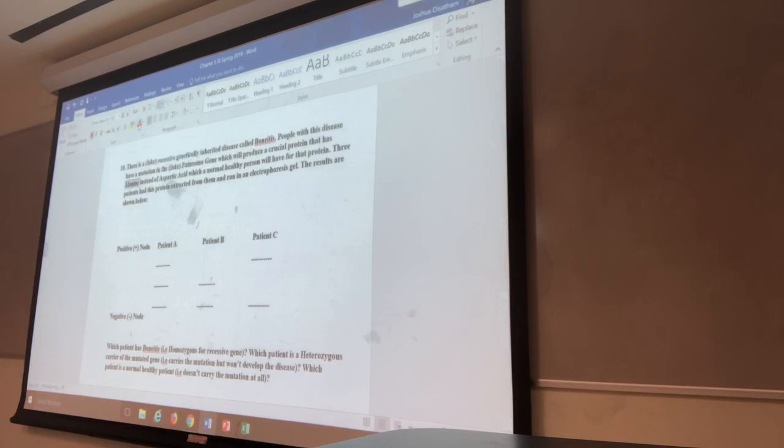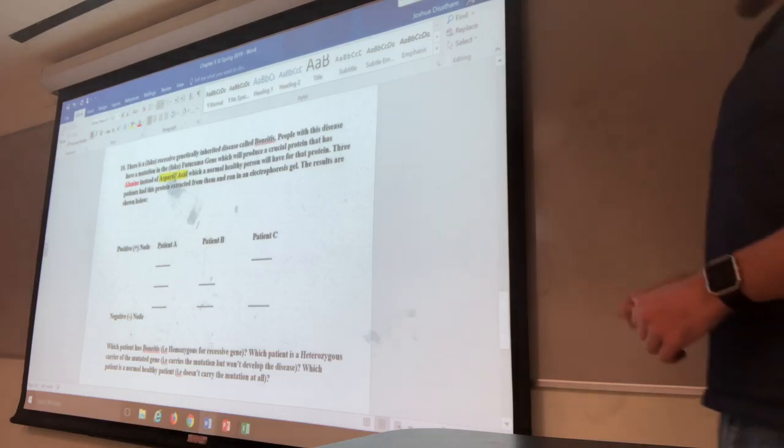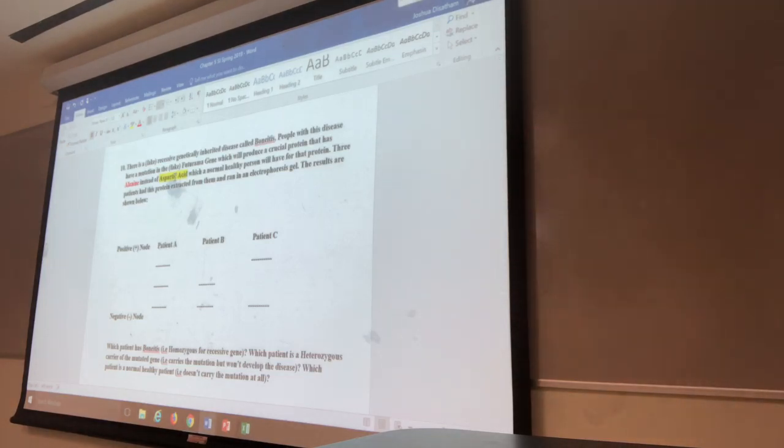So the mutation produces alanine. The gene produces alanine instead of the correct one, which is aspartic acid. So a healthy person, for whatever this mysterious gene or disease is, would produce aspartic acid, and the disease carrying person would produce alanine.